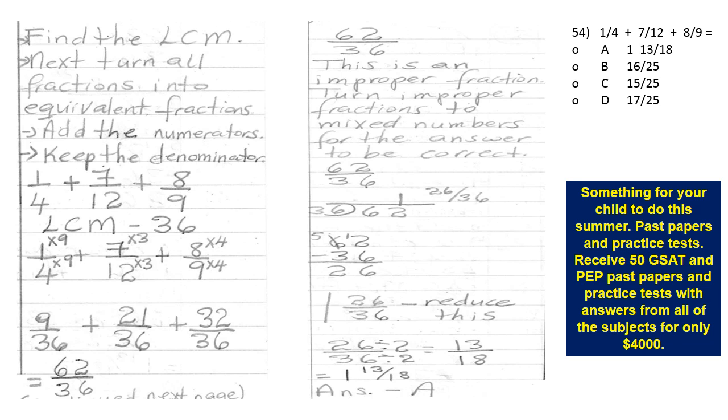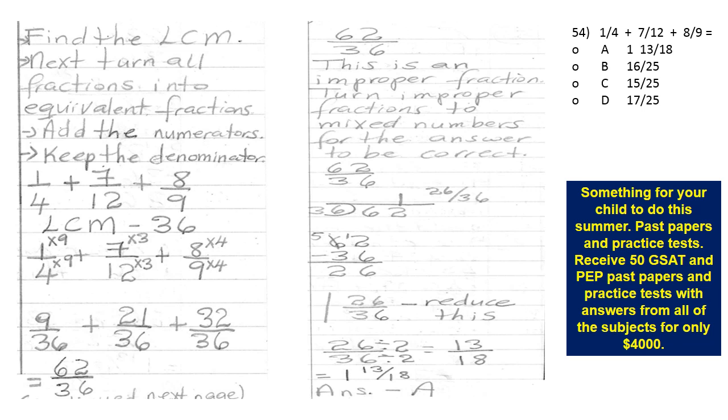Keep the denominator, which is 36, and add the numerators. The numerators are 9, 21 and 32. So add 9 plus 21 plus 32. 9 plus 21 plus 32 is equal to 62.